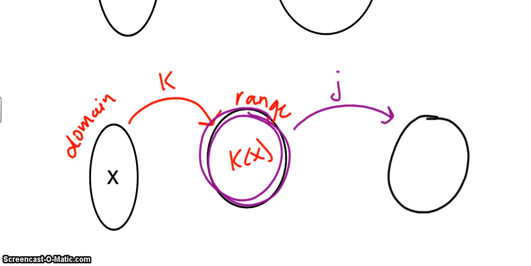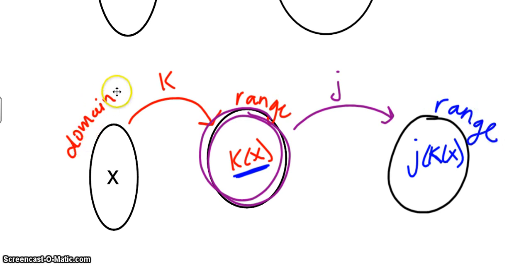and create some new values. J of k of x, because that's what I put into my function j. And this is now the range of j. So the domain of k gets turned into the range of k, but then this becomes the domain applying j, creating this new range.